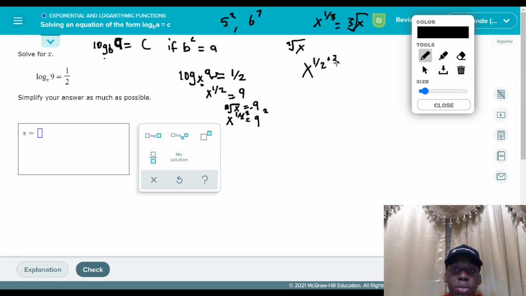This 2 here basically means a square; this is a square root. We're doing this because we want to eliminate everything that is attached to x. We want x to be alone, because we're asked to find x only. We want to remove this 1 over 2, and the only way to do that is to square it. The only way to remove a square root is to find the square.